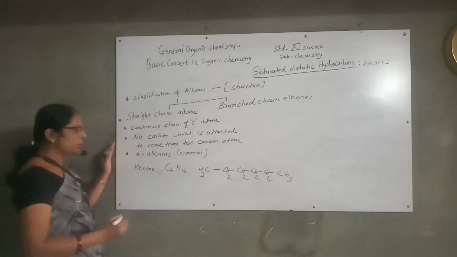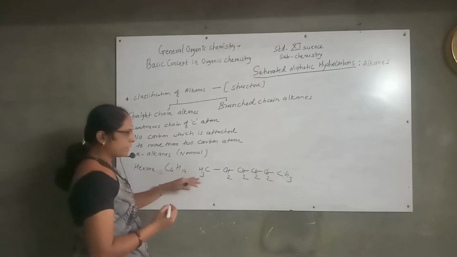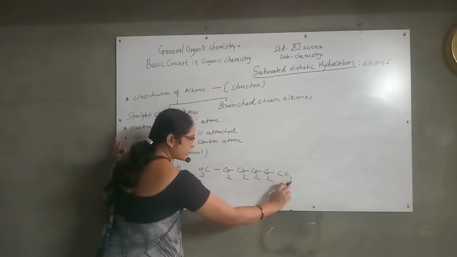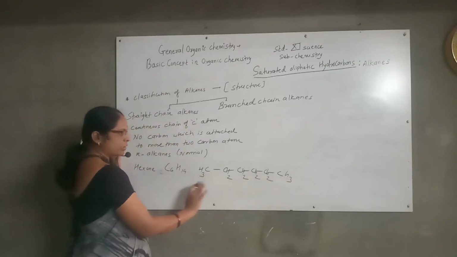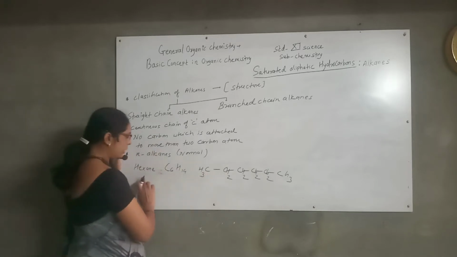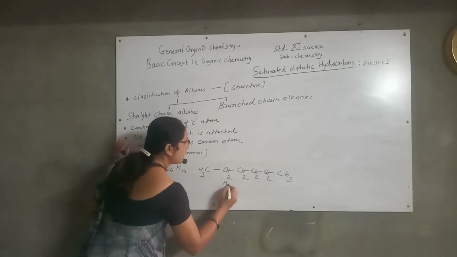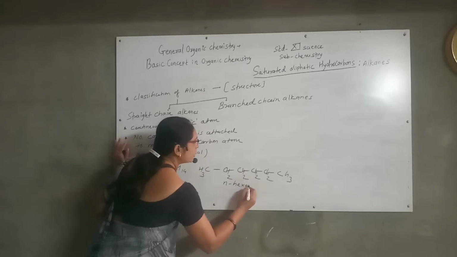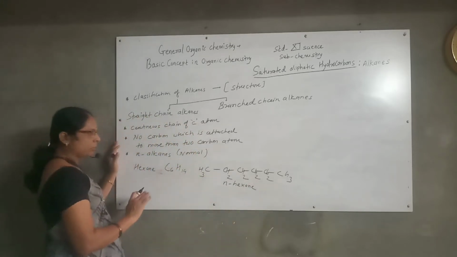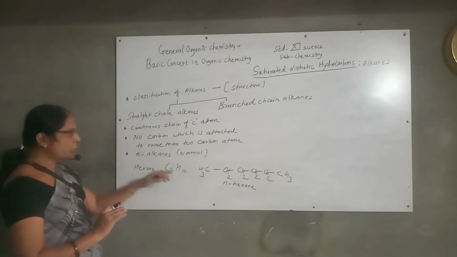When I write the structural formula of n-hexane, there is a continuous chain of 6 carbons. There is no carbon which is attached to more than 2. Therefore I write hexane as n-hexane, n for normal.